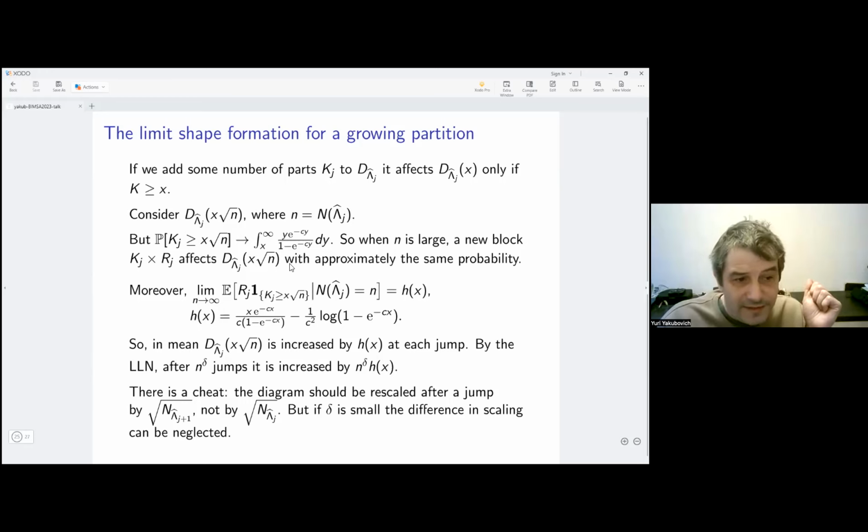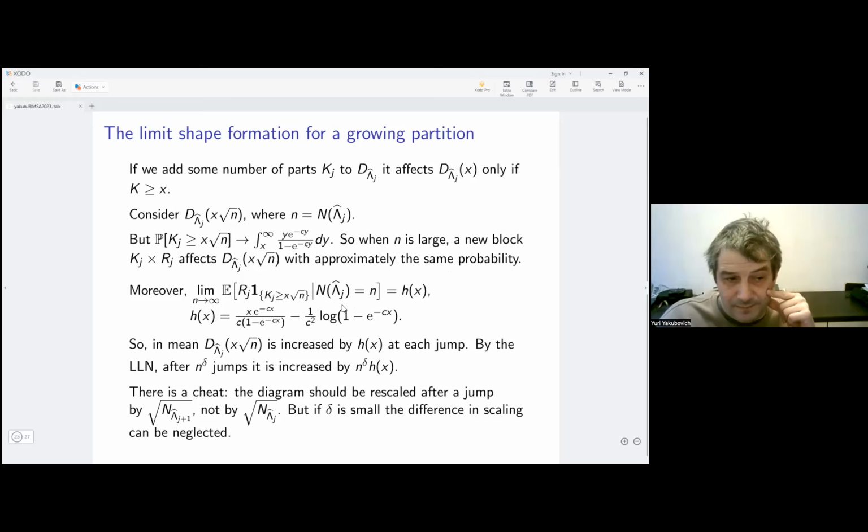So when n is large, this is close to this limiting probability, and consequently this new block changes the value of this half-scaled Young diagram with approximately the same probability.